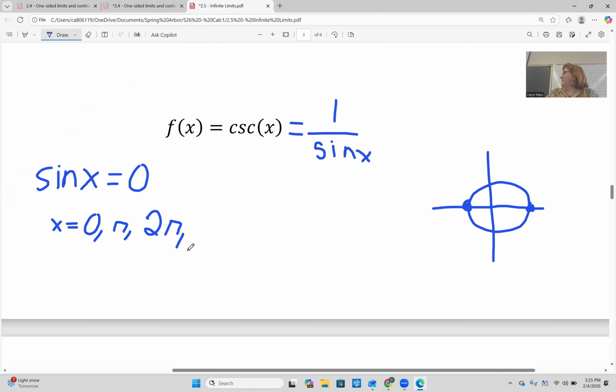Could we make a guess at the next one? The next one would be 3 pi. Sine of x is 0 at multiples of pi. So I'll write that as k pi.